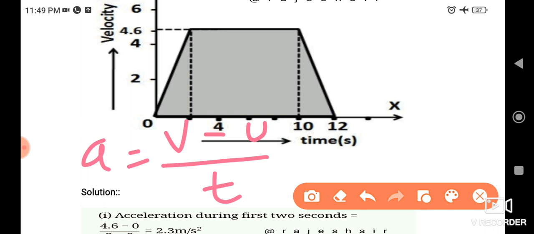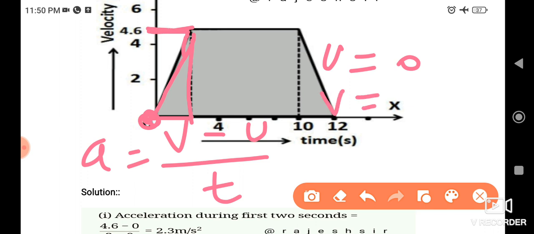In the first 2 seconds, the initial velocity starts from here. The initial velocity is 0, so u is 0, and from here it reaches here, the point at 2 seconds. Here the final velocity v is 4.6, and the time is 2 seconds.